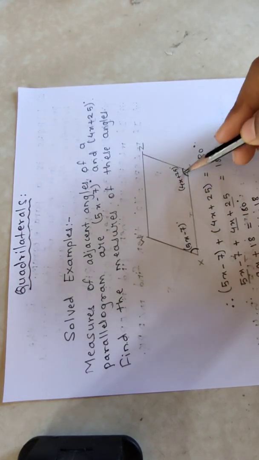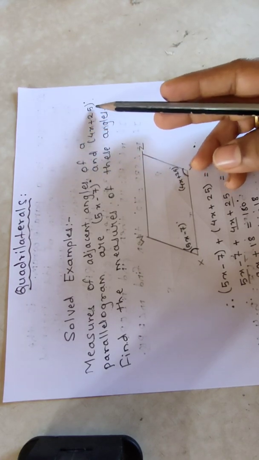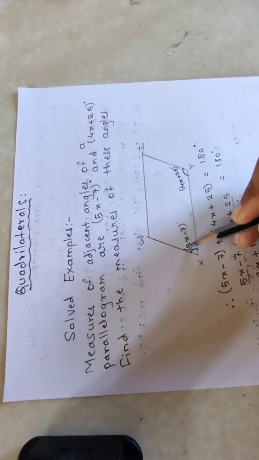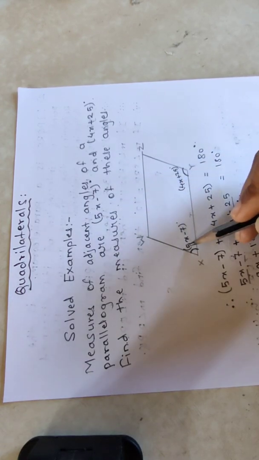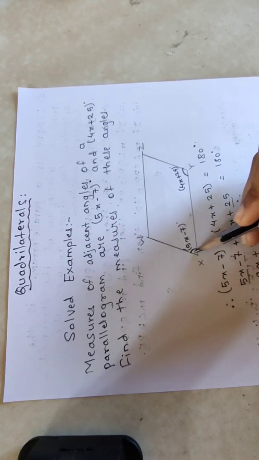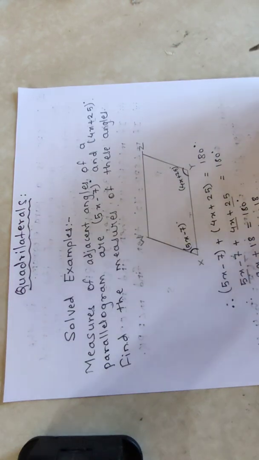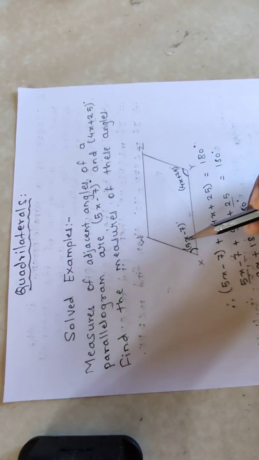So these two angles are 5x minus 7 degrees and 4x plus 25 degrees. So we have placed them on angle X and angle Y. With the help of these two expressions, we have to find out the values of the given angles. What is the exact measure of angle X and angle Y?